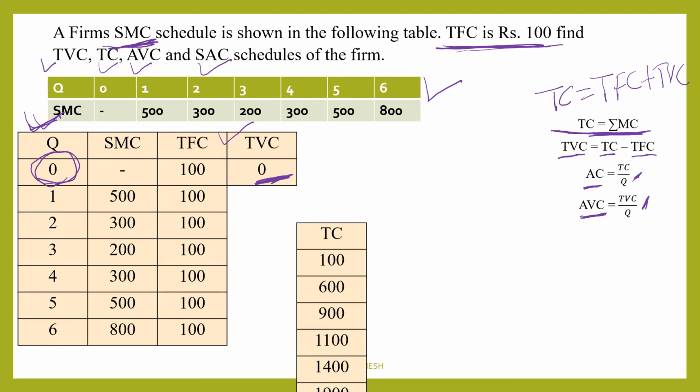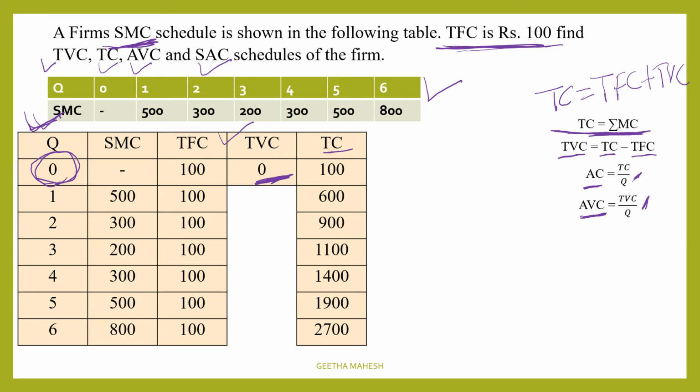Now we need to find out a total cost, because to find out total variable cost, we need total cost and then total fixed cost. Of course we have total fixed cost, but we don't have total cost. How will you find out total cost? It is a summation of marginal cost.